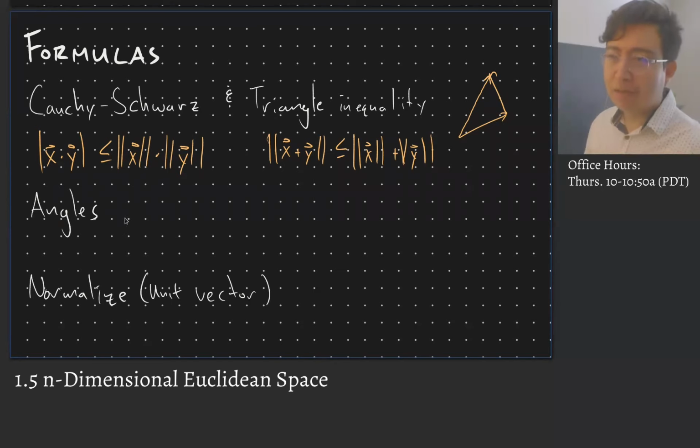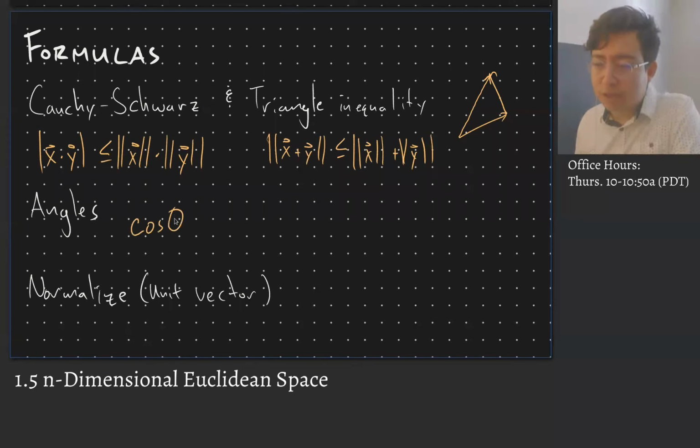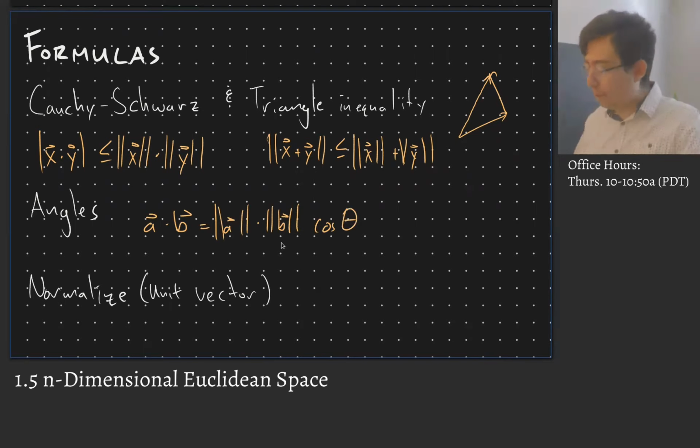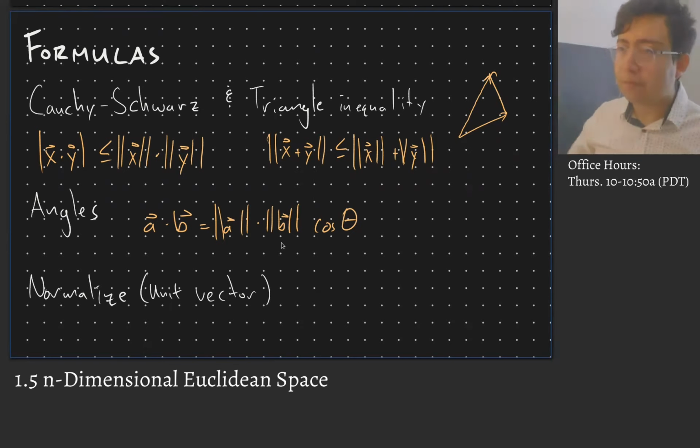And now, another formula that we had before but still works in higher dimensions is the cosine formula, or the angle formula: the dot product of 2 vectors is equal to the product of their norms times the cosine of the angle they form between each other. We might be living in more dimensions, but any 2 vectors are still going to have an angle between them.